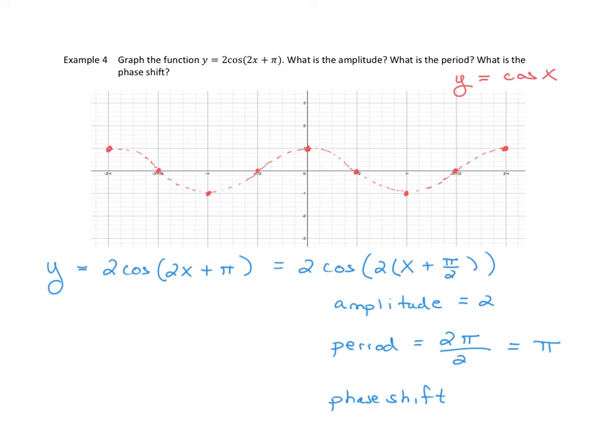And the reason is, if you multiply this 2 to pi over 2, the 2's cancel and you're left with pi. Over here, it's a little bit easier to see what the phase shift of your graph is because you can ignore this 2 for the time being and focus on how you're changing just the x part of it. So yes, we're actually going left, so I'll put a negative for my phase shift to indicate that it's a leftward movement, but it's actually going to go left by pi over 2.